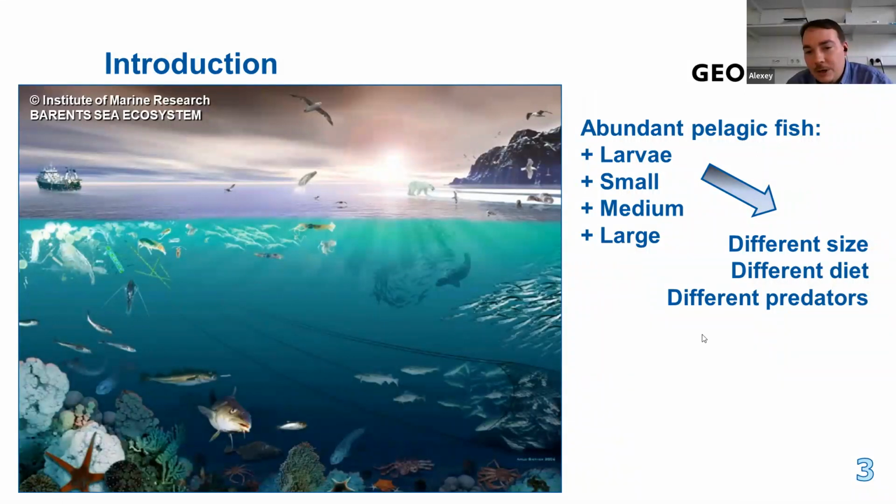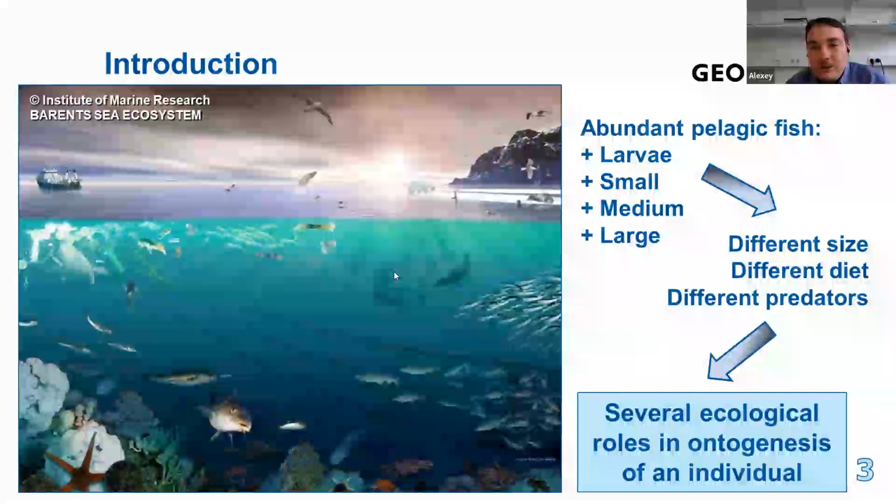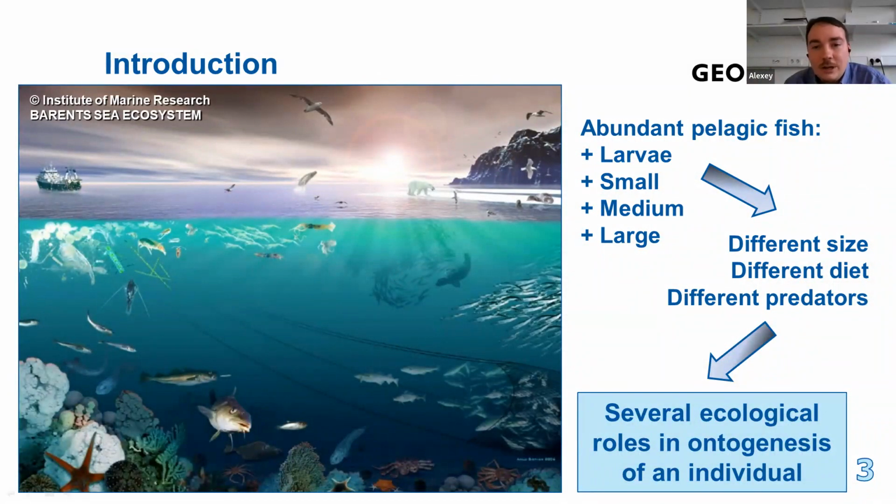So different size, different diet, different predators, and it results in one species, and even one individual, if that individual is lucky, occupying several ecological roles during its ontogenesis. So from a functional point of view, in functional biodiversity, it can be functioning as several species, not as one.